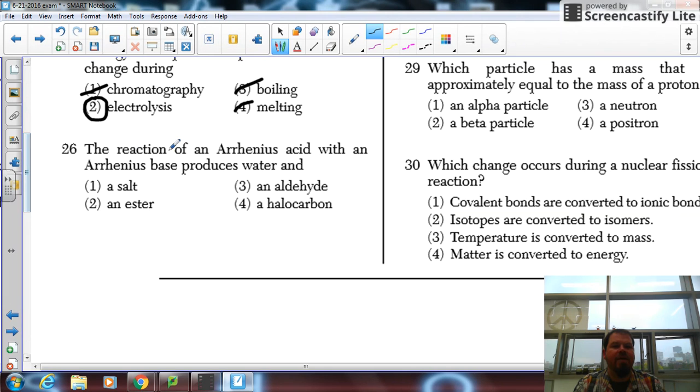The reaction of an Arrhenius acid and Arrhenius base produces water and a generic salt. This is acid plus a base equals salt and water. That is a neutralization reaction. These three, aldehyde, halocarbon, and esters, are the organic reactions, and those are different reactions.